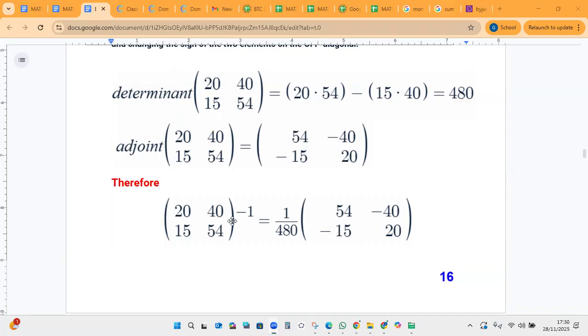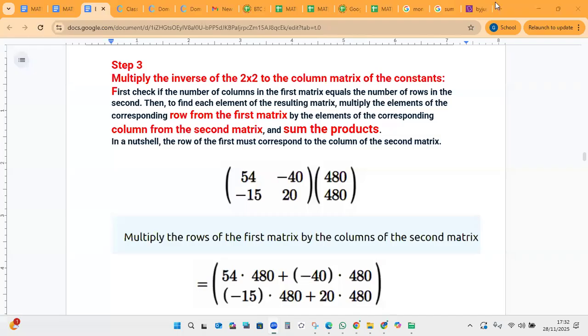So therefore, the inverse of this 2 by 2 is 1 over the determinant, 1 over 480 times the adjoint. And here is our inverse for our example. Step 3 says now we've got to multiply the inverse of the 2 by 2 by the column matrix of the constants.